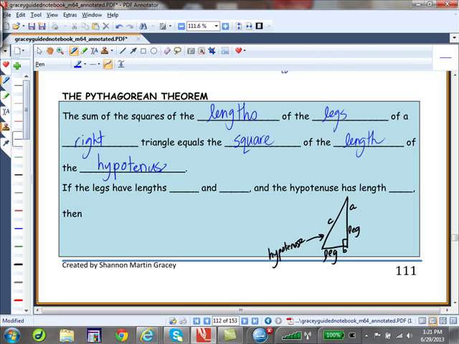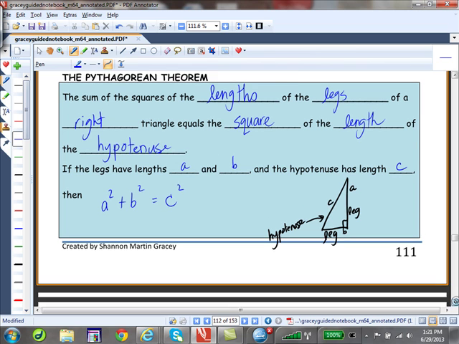So if the legs have lengths A and B and the hypotenuse has length C, then you get A squared plus B squared is equal to C squared. And then you can go ahead and solve it using the square root property.